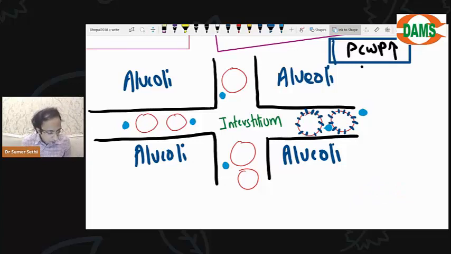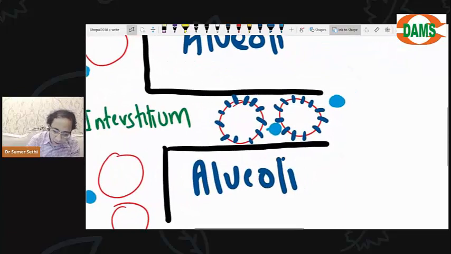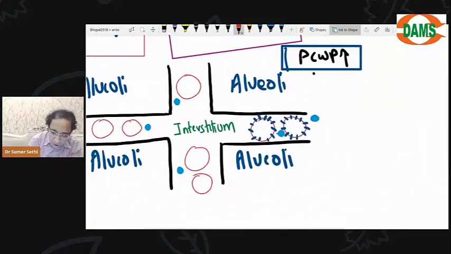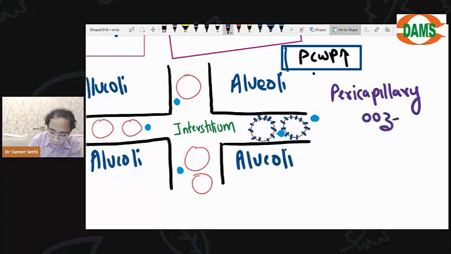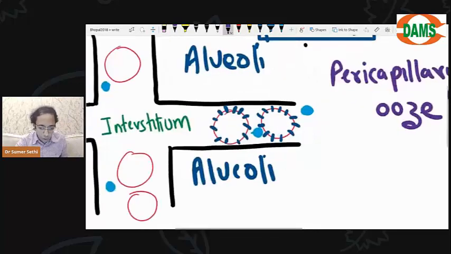When the capillaries start oozing transudative fluid around them, the fluid will first be seen around the capillaries. So you will first have pericapillary ooze.